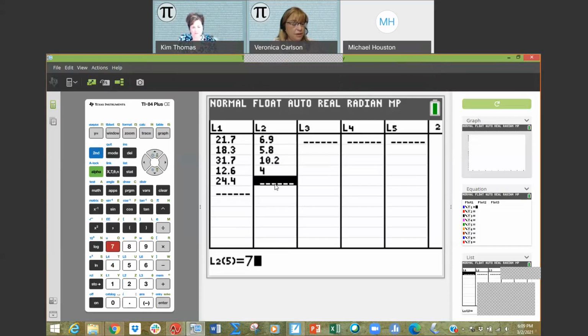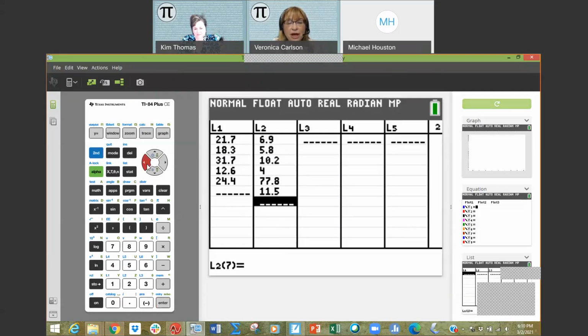Let me put this one in. 12.64, 4.47. Okay. And then I do have one more. One thing that is important is that if you don't have the same amount of information in each of your lists, you'll get a dimension mismatch, and you're not going to be able to do any calculations at all.